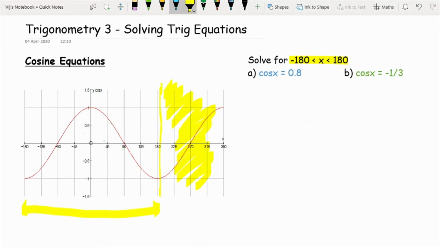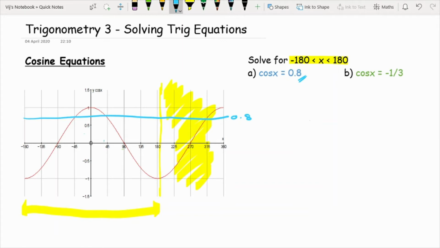Looking at first things first, now that we know that cos x is the subject, we know that it is equal to 0.8. So I'm going to draw a horizontal line through roughly 0.8. Obviously I should be using a ruler, but it's just a sketch to help me.